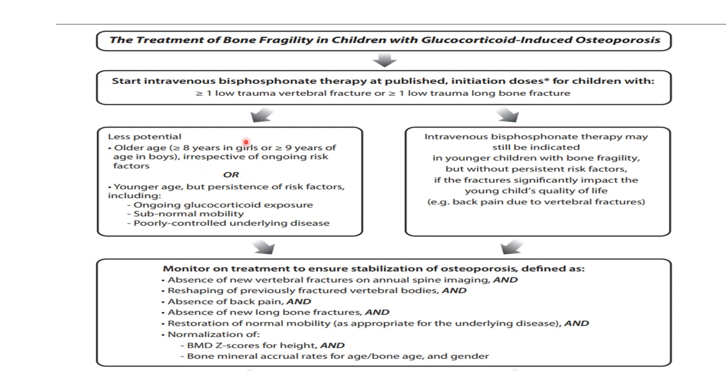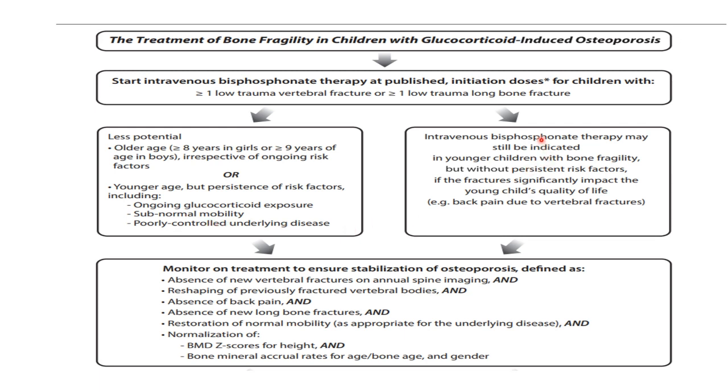As these factors we already discussed, when there is a lesser potential for the self reshaping of vertebral fracture or coming to shape by itself. These factors we have already discussed, like older age, or younger age but persistence of these factors.